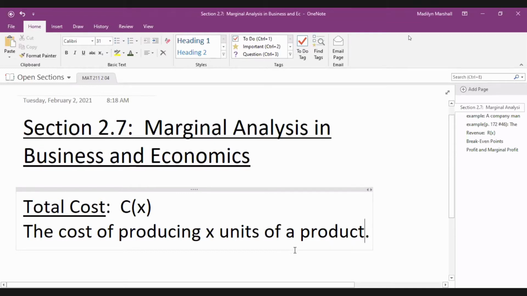So if your company is producing water bottles, then C of X would be the total cost to the company of producing X water bottles.